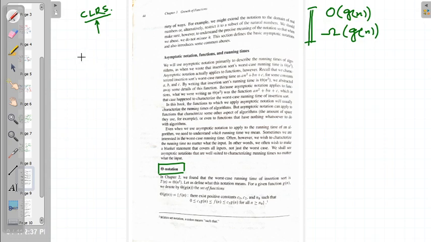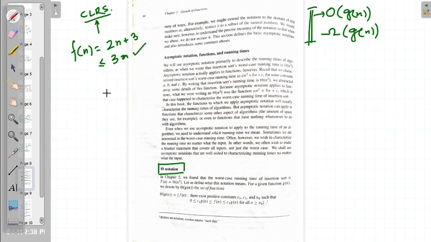Now you see by this definition, whenever I have an expression from some algorithm, f(n) equals 2n plus 3, if somebody is telling it is less than or equal to 3n, then we have seen it's true.